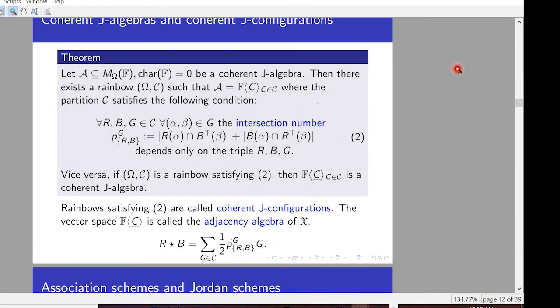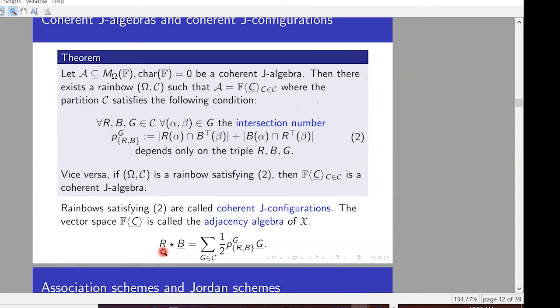Now, also as for coherent configurations, we have an opposite statement which says, if I take a rainbow which satisfies this condition, then it gives us a coherent Jordan algebra. So we can define the notion of coherent Jordan configuration as a rainbow which satisfies condition 2. And as for coherent configurations, we have a one-to-one correspondence between coherent Jordan configurations and coherent Jordan algebras.